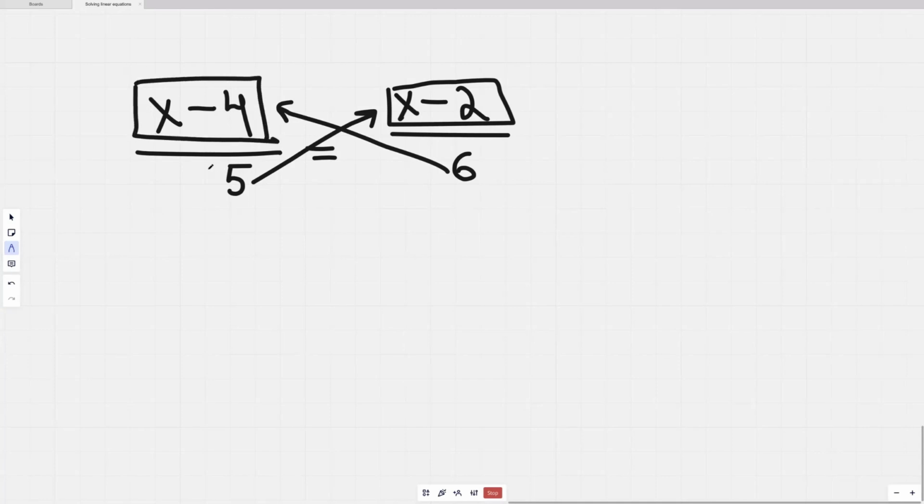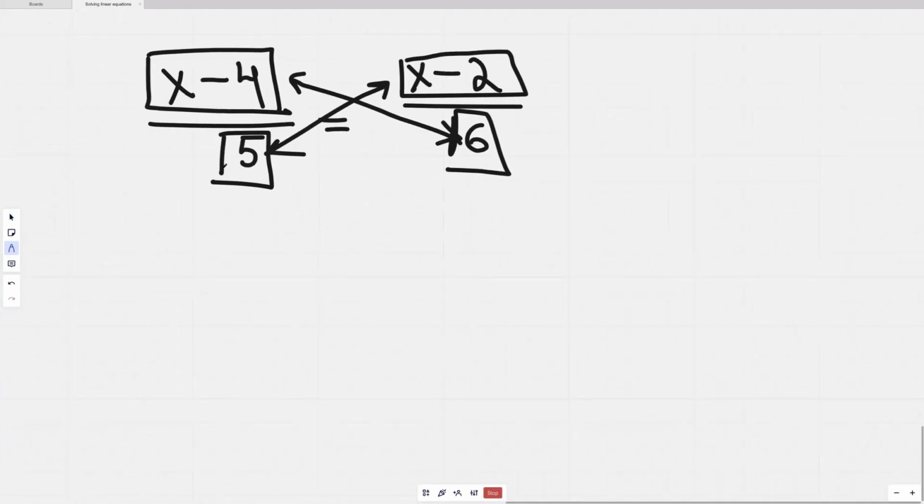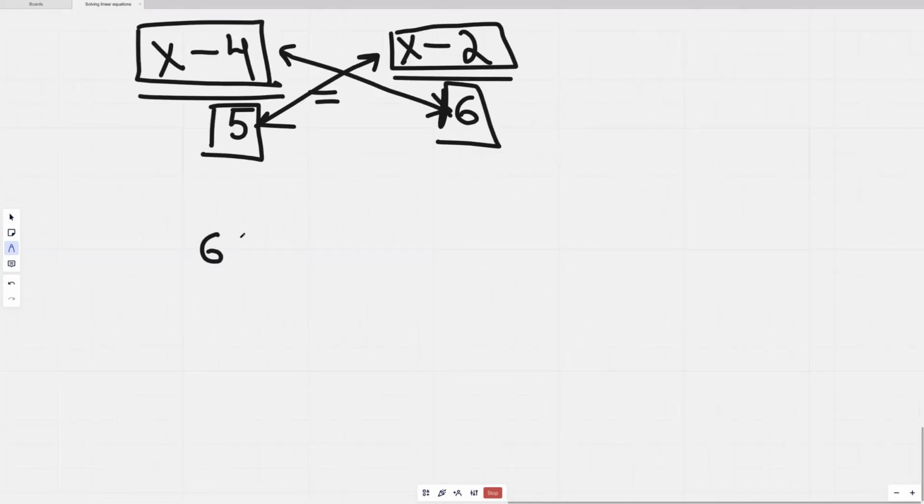This rule is called the cross multiplying rule in linear equations. So we'll use that rule again. First we multiply the 6 by x minus 4, and then 5 by x minus 2.